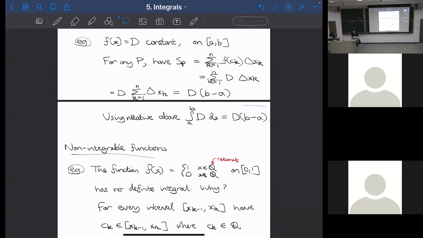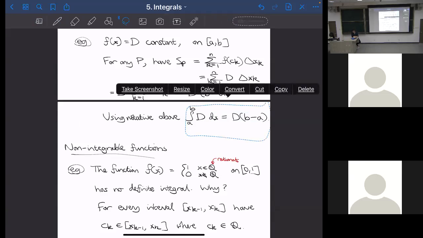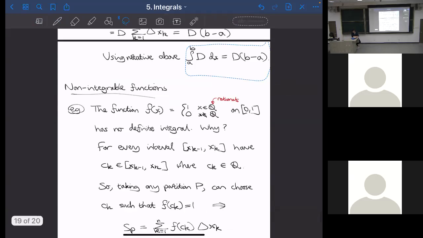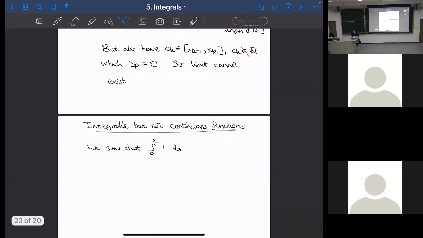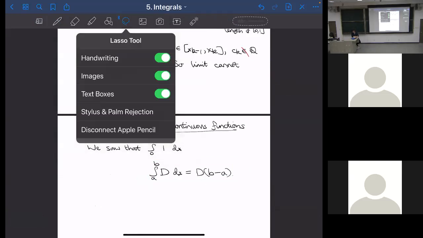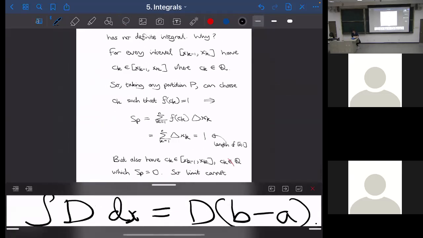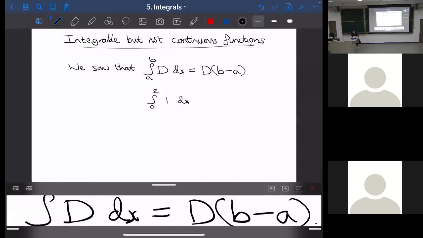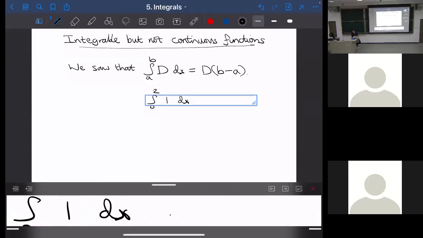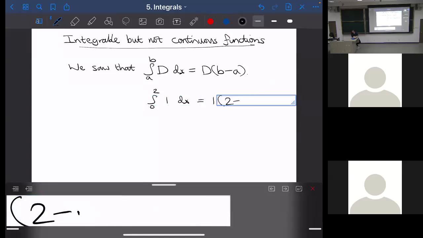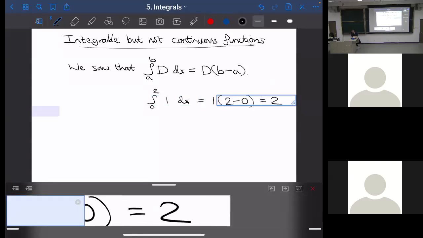Okay, so let's give an example of that. For instance, if my constant is 1, then I have answer 2.